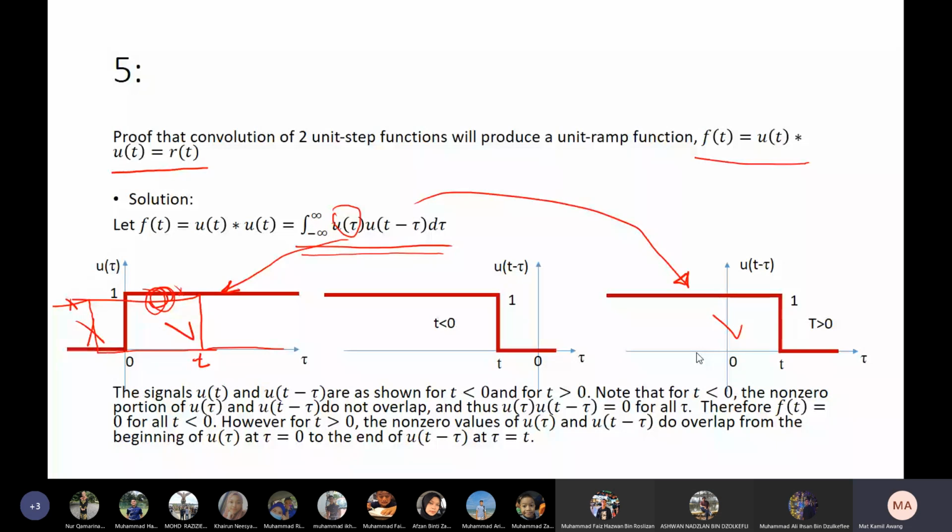Because dia terbalik, you tengok dia punya ni. It's a tau, so it's a reversal. Dia negatif.